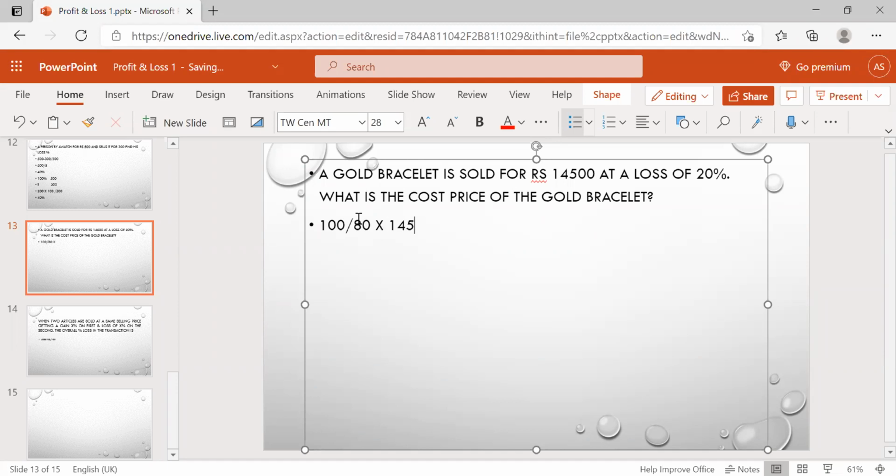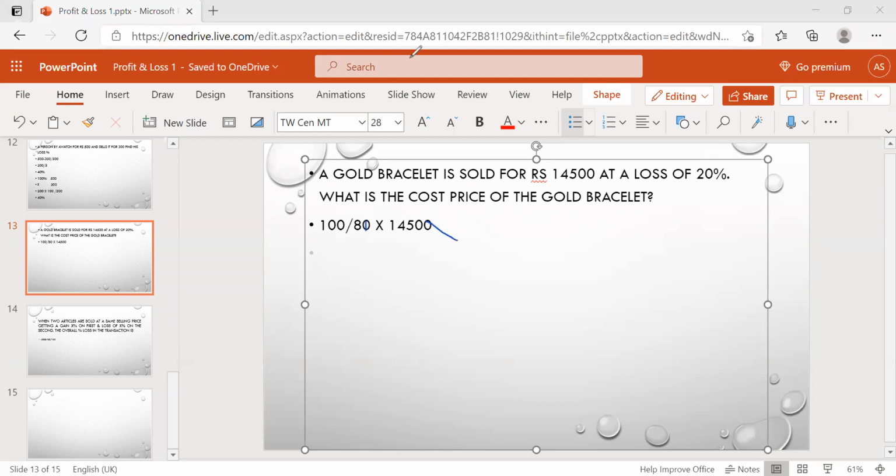What is the selling price? 14,500. So 100 by 100 minus loss percentage, I'm taking directly 100 minus 20 is 80. Then calculate this. The zeros get cancelled, 0 and 0 get cancelled.